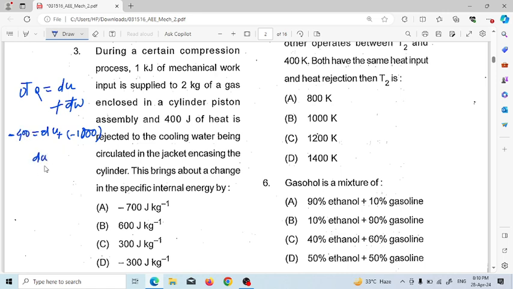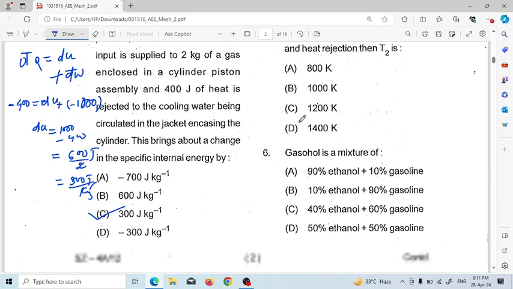So change in internal energy is 1000 minus 400, which is equal to 600 joule, and this is for 2 kg. So divided by 2, equal to 300 joule per kg. The answer will be option C, 300 joule per kg.